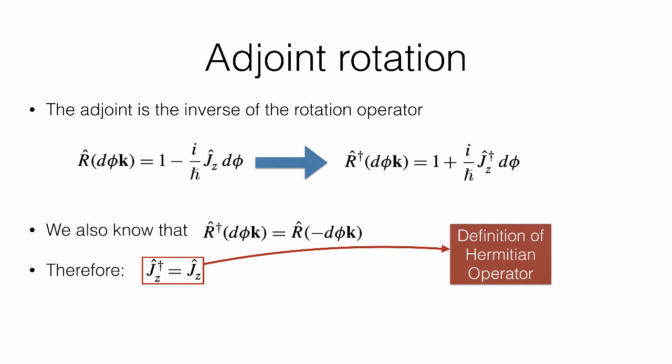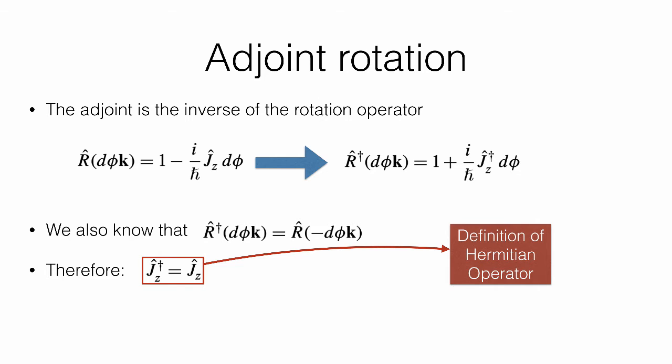So using this generator of the rotations, and the expression that we introduced in the previous slide, we find that the fact that R is unitary imposes the generator to be Hermitian. And of course, at this time you see why we put an i in front of Jz: if we had not done that, we would not have had that Hermitian property. We would have had to define another operator and have an extra step.